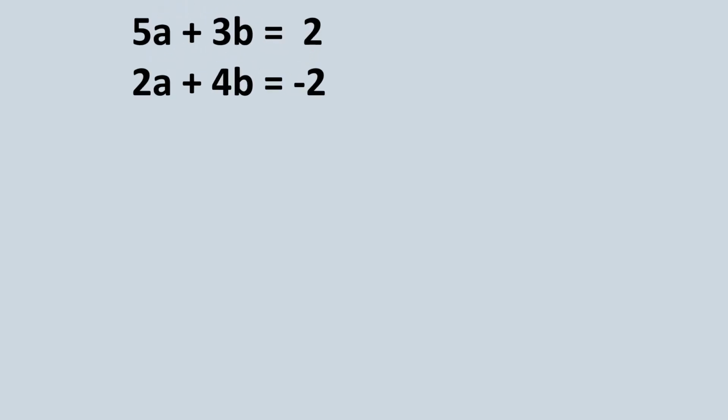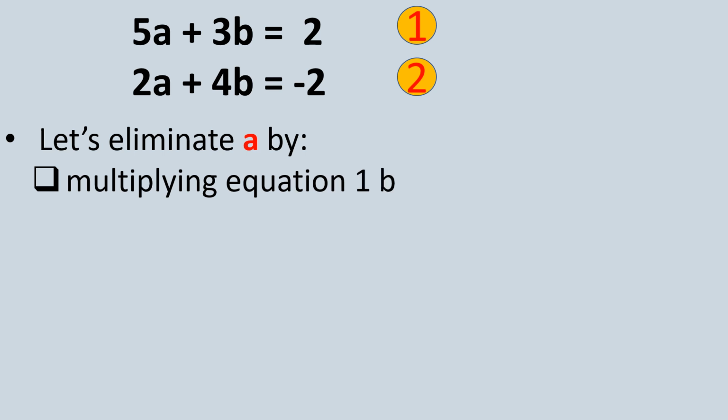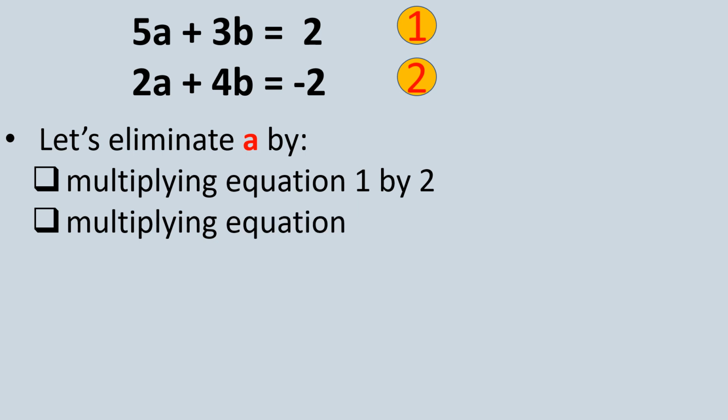So we'll look at this simultaneous equation. 5a plus 3b equals 2 as equation 1, and 2a plus 4b equals minus 2 as equation 2.